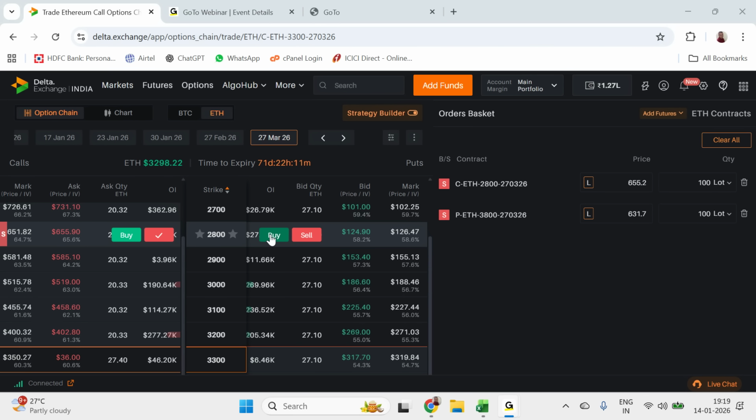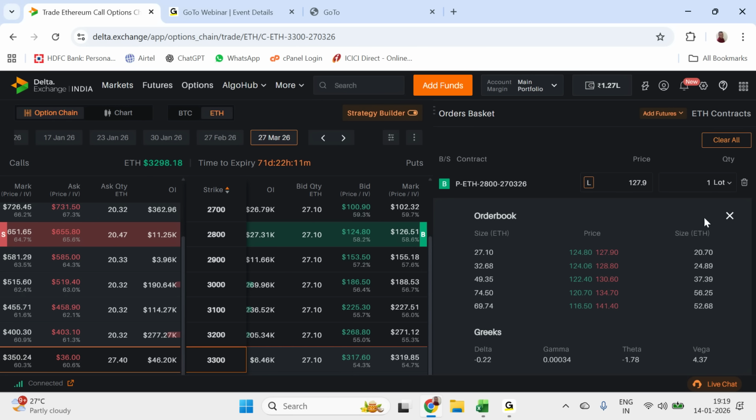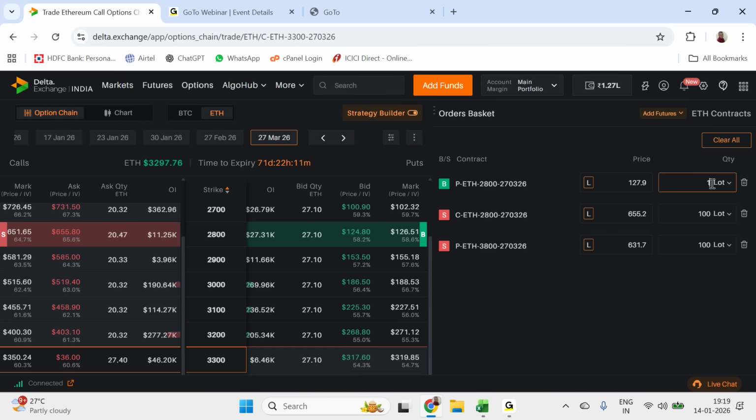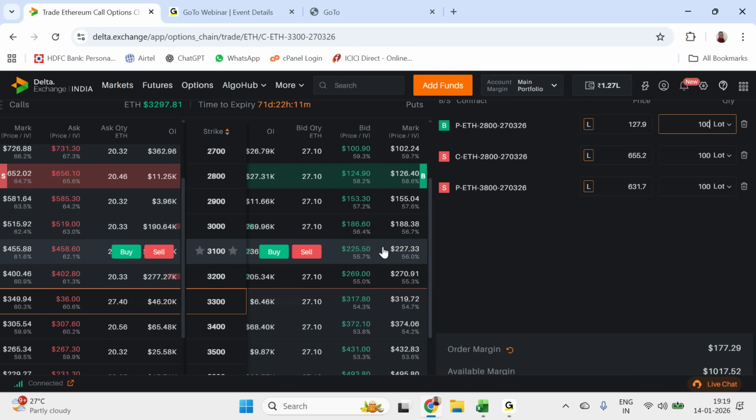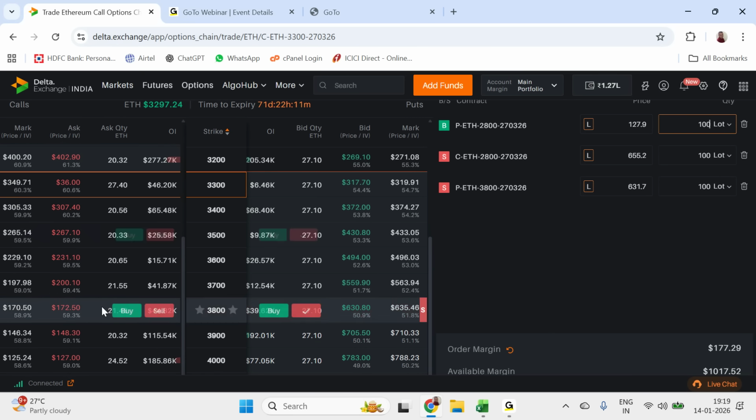I can do anything here, but I'll be going with two approaches. First, you see here I am buying the 2,800 put. This is going to stay longer, for the maximum benefit of the box I want. So I have bought it.